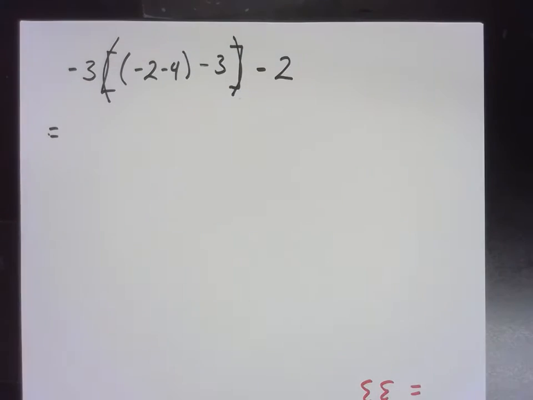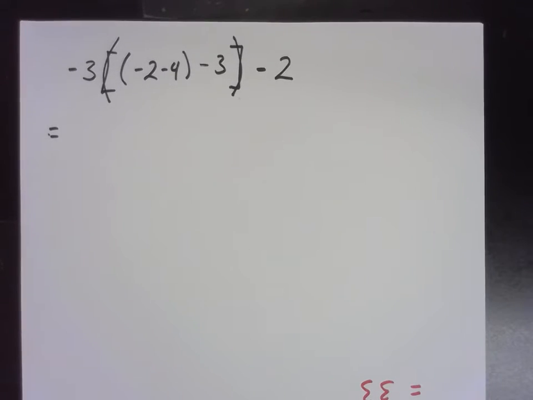So, what do you think we still need to do here? Or I guess I should say, what's the first step still? Yeah, do what's inside the parentheses. And we're just going to start inside. Okay, we're going to start on the innermost parenthesis, and we're going to just kind of work our way out. So, what particular thing do you see?